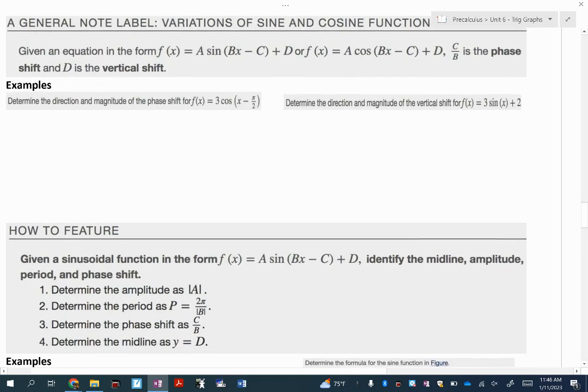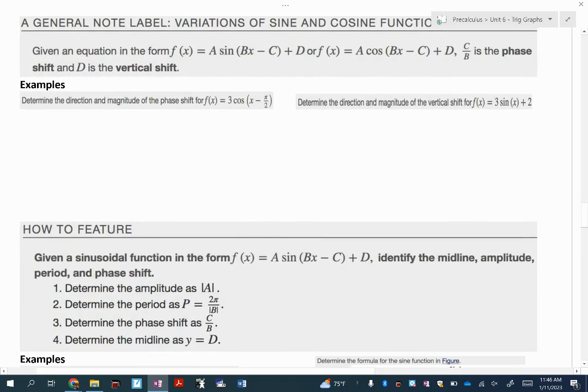Okay, so let's do a quick few examples here. So we want to determine the horizontal shift in this first one. I see x minus pi over 2, so that's going to be pi over 2 units to the right. I didn't factor anything out because in front of this x, it was a 1. So I can't factor anything out there.